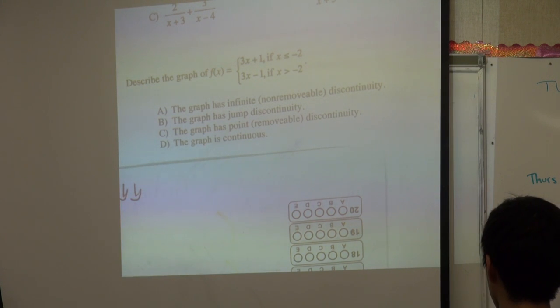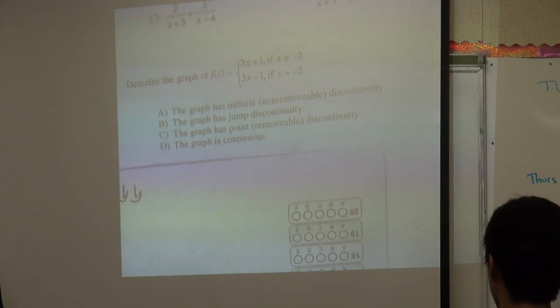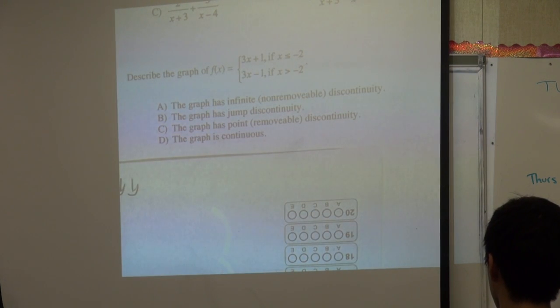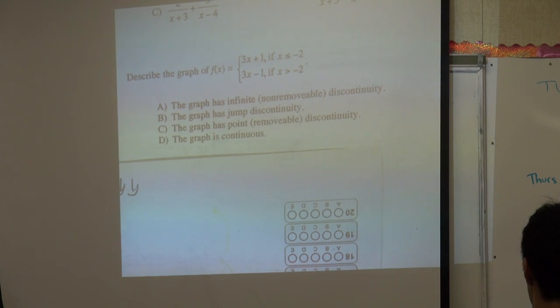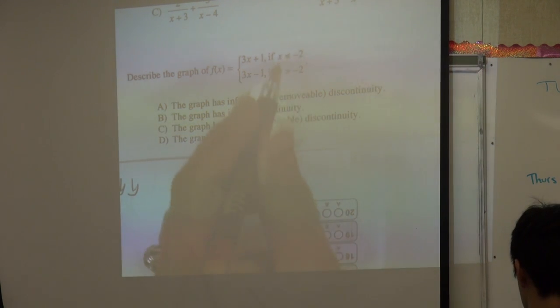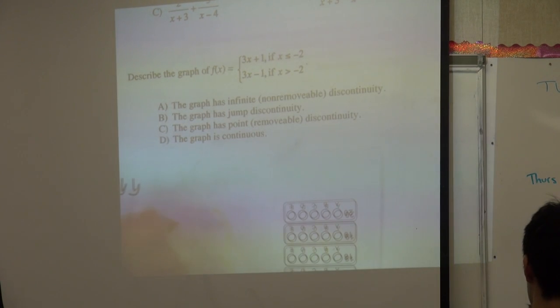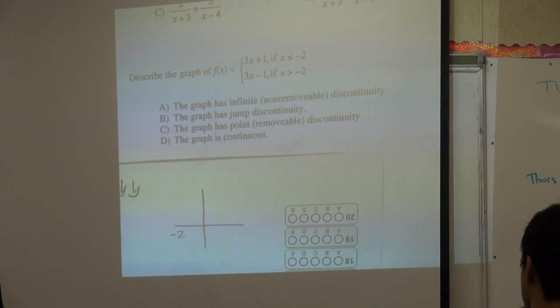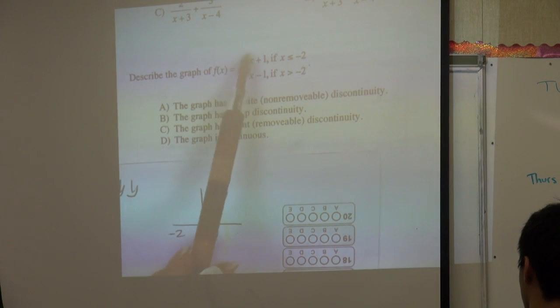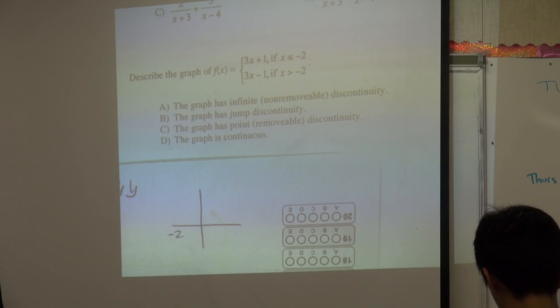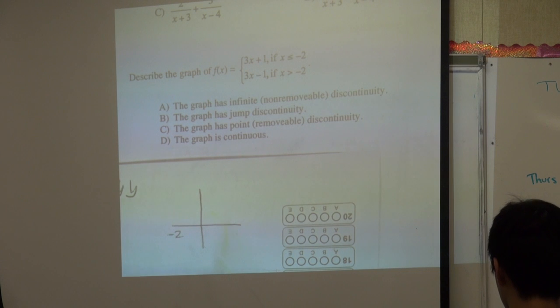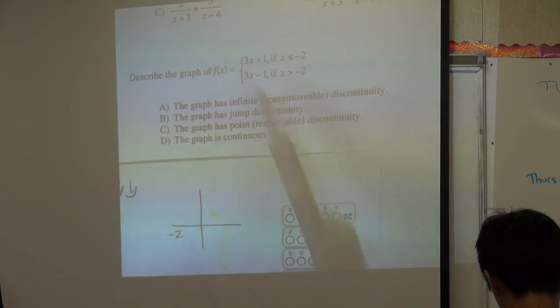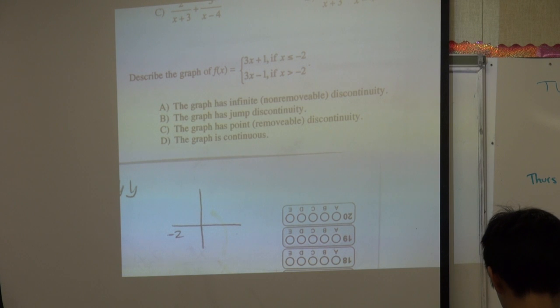However, a piecewise function also could be continuous, depending upon if at the point where they're both having the same value, which in this case is -2, you plug in -2 and get the same y value in both, then the function is actually continuous.